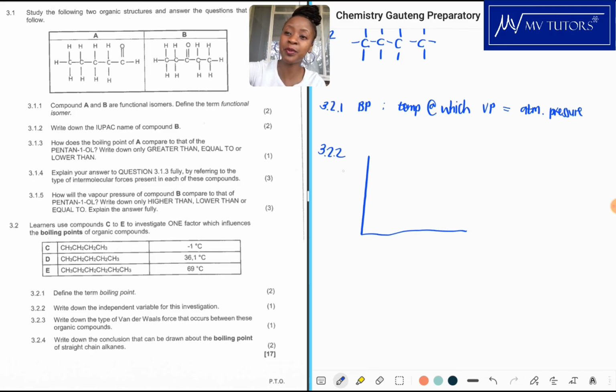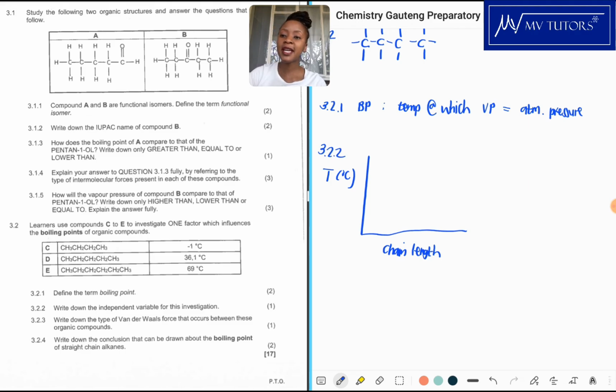So your temperature would be on the y-axis, but your chain length, or number of moles, would be on the x-axis, because they are increasing definitely.